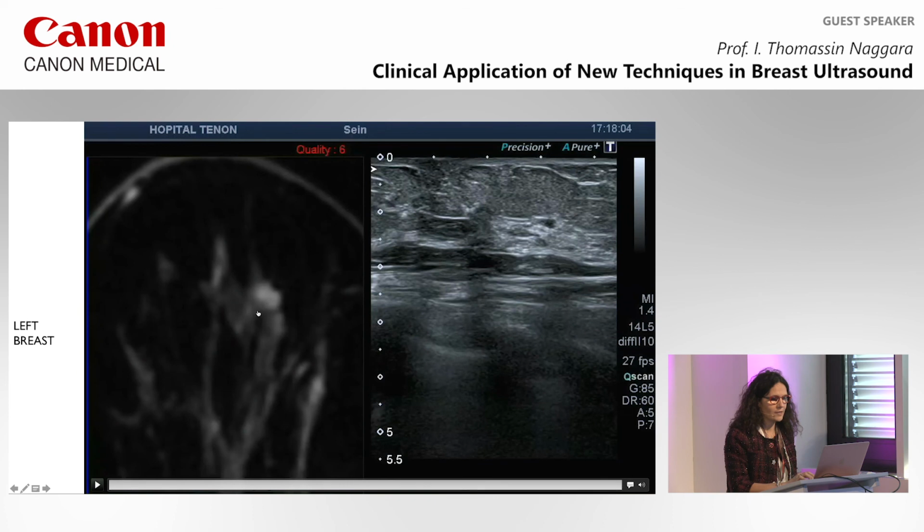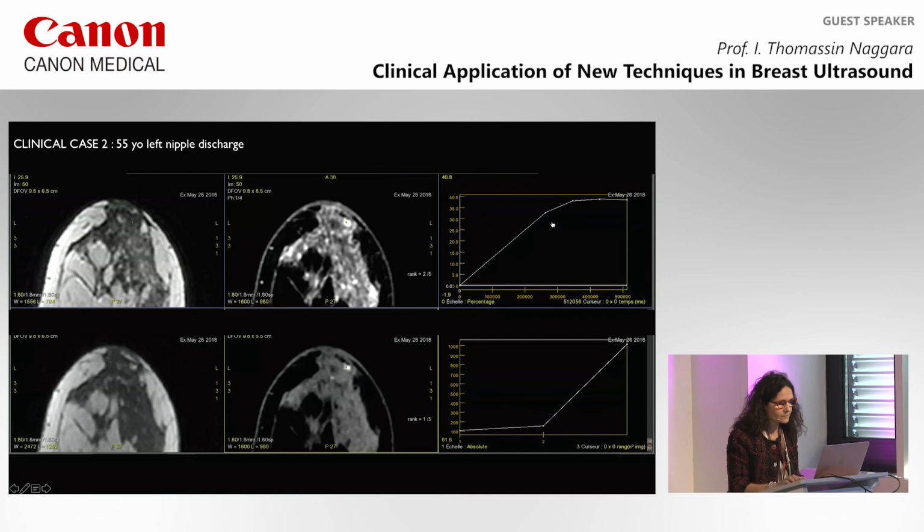We are in the right place because we are on the medial part of the breast, not on the anterior zone. We have the fatty part of the breast here that corresponds to this portion in MRI, and the lesion is at the superficial part of the medial zone of the breast, so it's probably the right lesion.